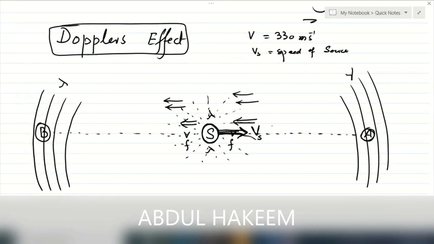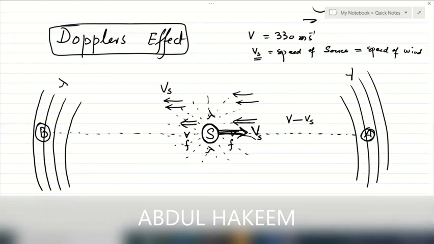Now, according to theory, if the source moves with Vs, then the wind is also moving with the same speed Vs. So the speed of the source is also equal to the speed of the wind. Now, due to the opposite direction wind, the resultant speed becomes v minus Vs towards the observer.